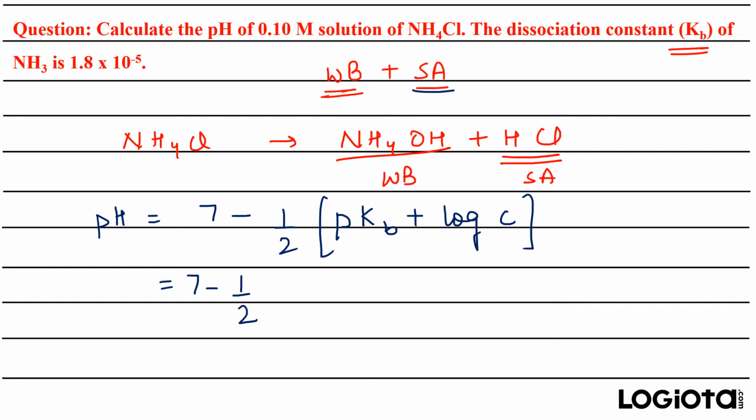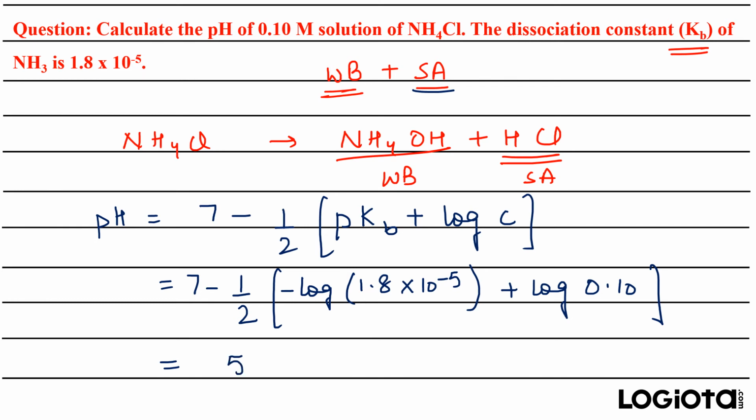In the question, Kb is given, so we will find pKb here only, so it will be minus log of 1.8 multiplied by 10 to the power minus 5, plus log of the concentration of salt, 0.10. We will put the values here and we will get the answer as 5.12. So you can see here that the pH is less than 7 because the strong acid is involved.